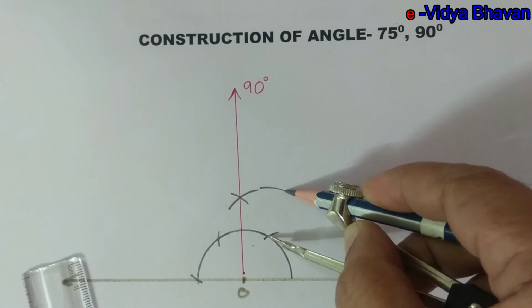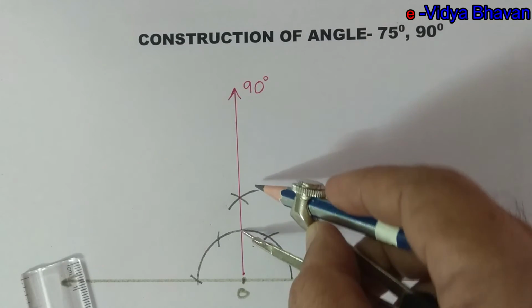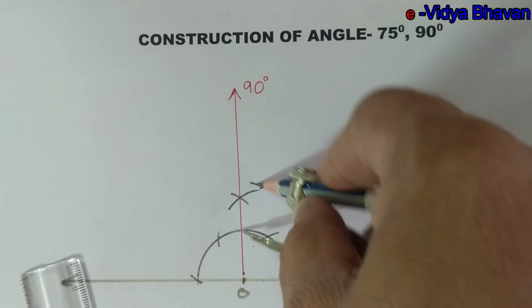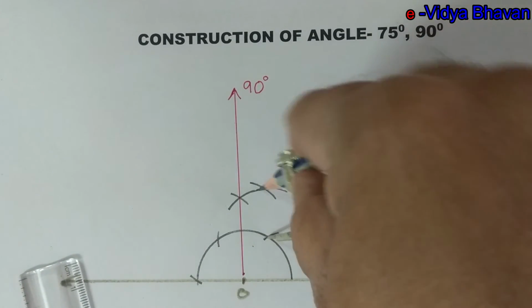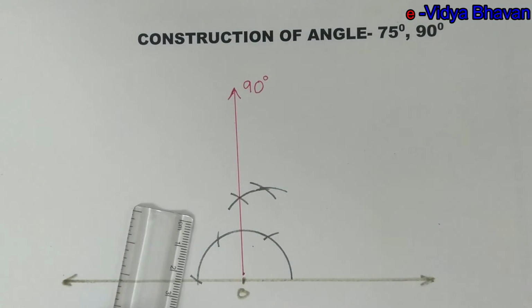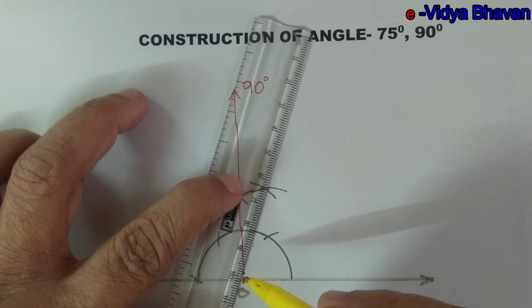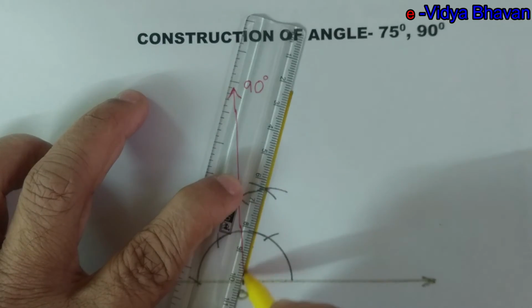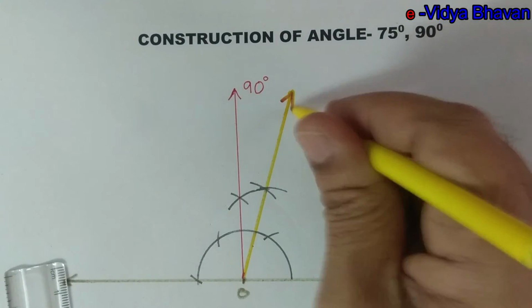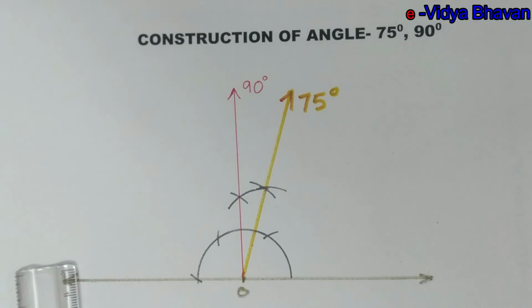So cut an arc here and again at 90 degree also you can take and cut an arc here. So this is your 75 degree.